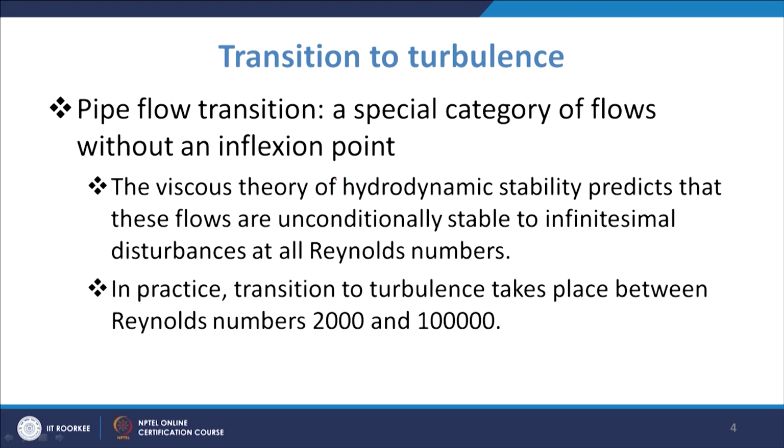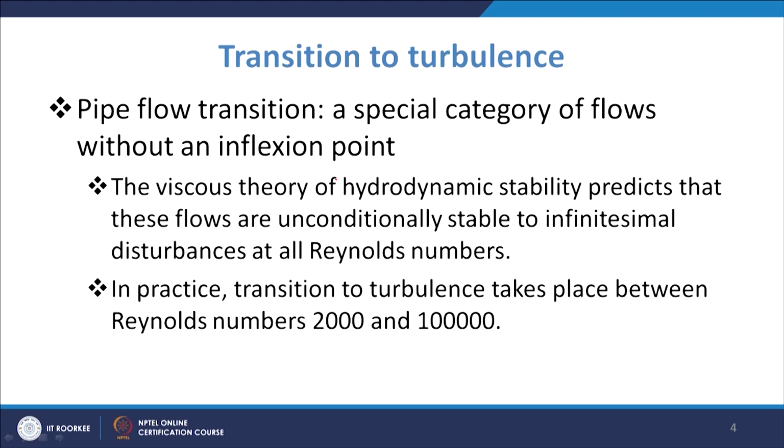So, basically there are two cases. There may be the presence of an inflection point when you have the transition to turbulence, or you may have the case without the presence of these inflection points. That depends upon the different situations.